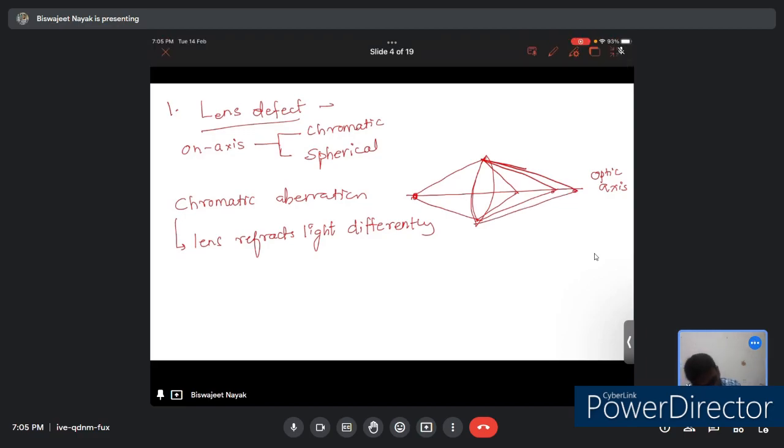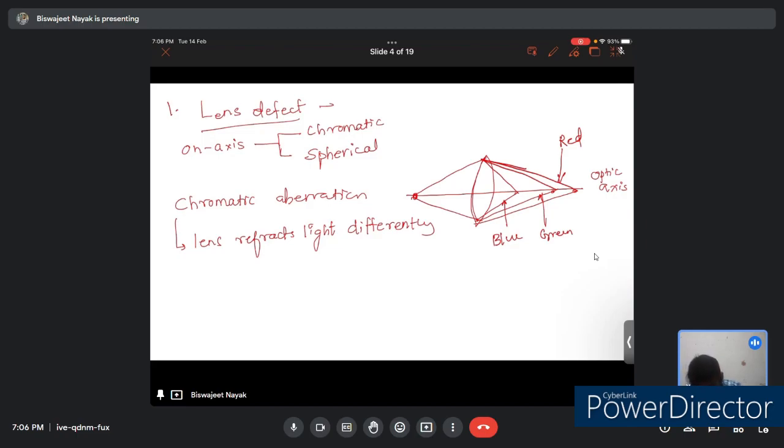Okay. So the higher the wavelength, the light will be focused at a larger distance than the lower wavelength light color.